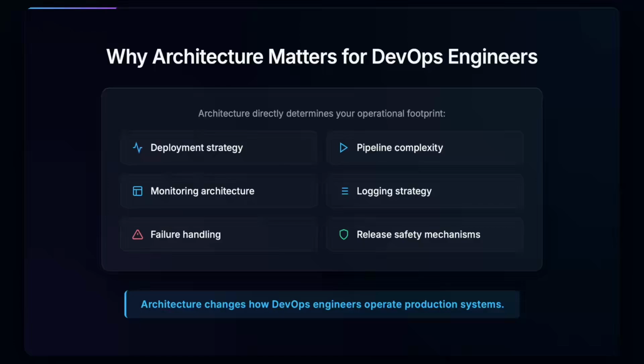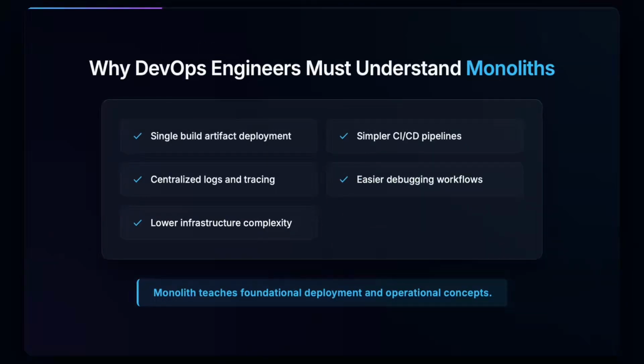It determines your deployment strategy, how complex your pipeline is going to be, what monitoring setup you are going to implement for your architecture, your strategy to implement the logging system, and how you will handle system failures. And at last, what are the safety mechanisms, or you can say rollback strategies, you are going to implement for your application to work. Now, first comes the monolith architecture.